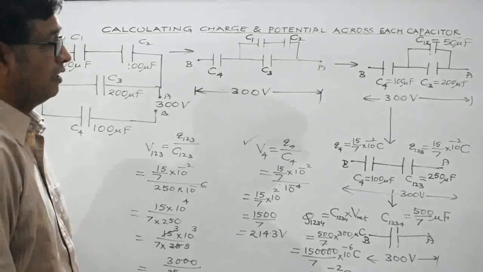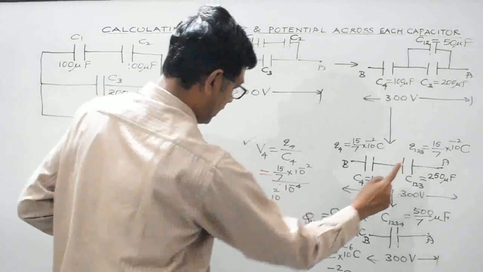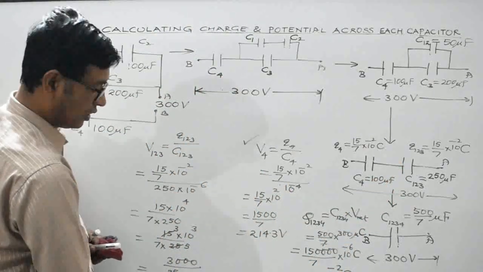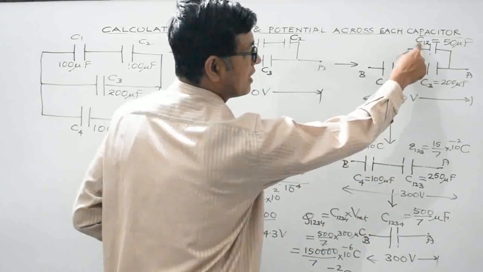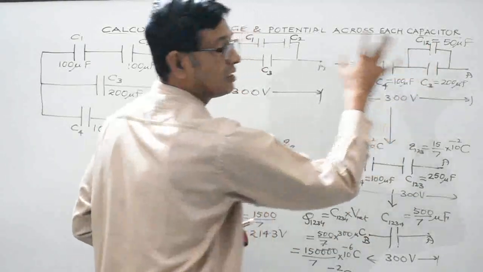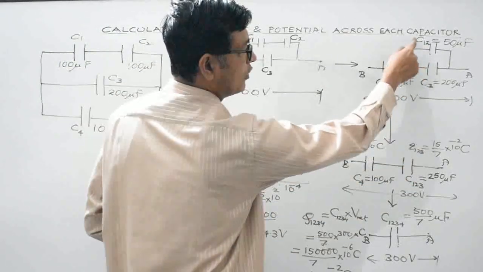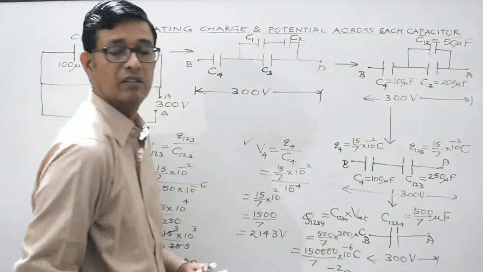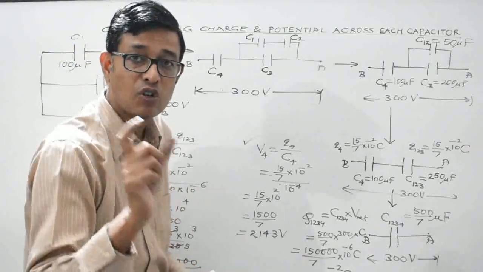Right? Now again, proceeding in the reverse manner. Look, we have obtained V123. Now C123 is the parallel combination of C12 and C3. Therefore, in the parallel grouping, the potential difference must be constant.